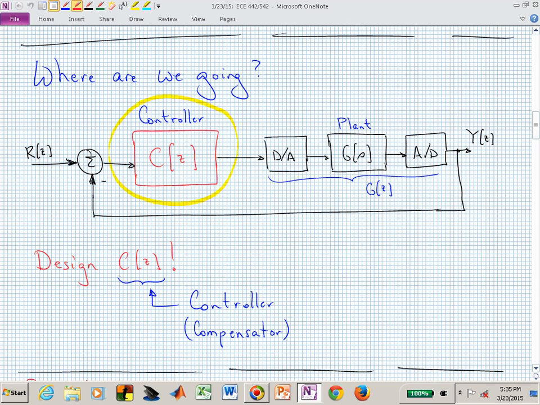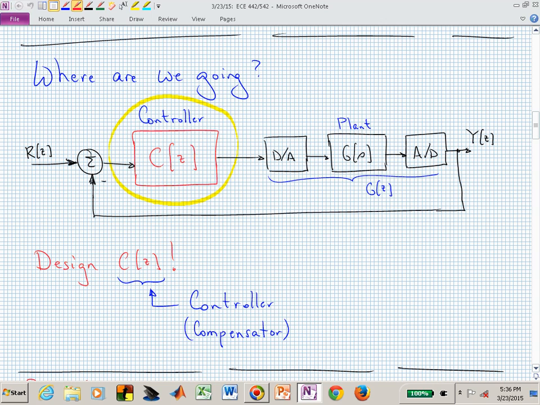I hope it was quick. Where are we going? It's highlighted on the screen. We want to figure out how we design that red box, that capital C of Z, these controllers. And I might call it a compensator, I might call it a controller, but it now fits into this overall block diagram.